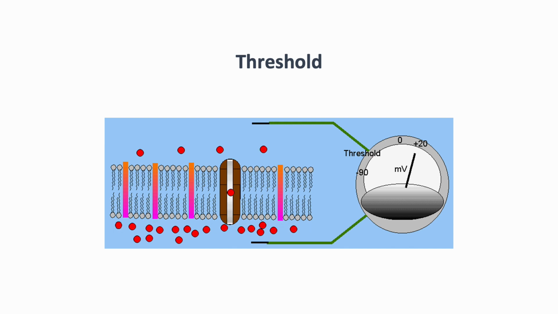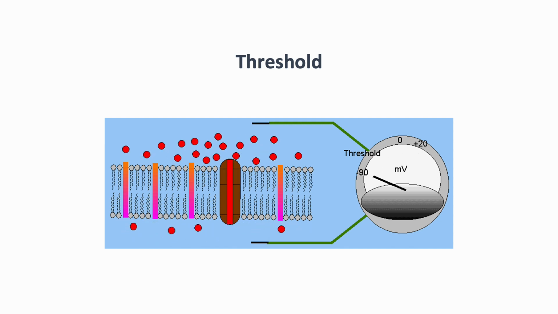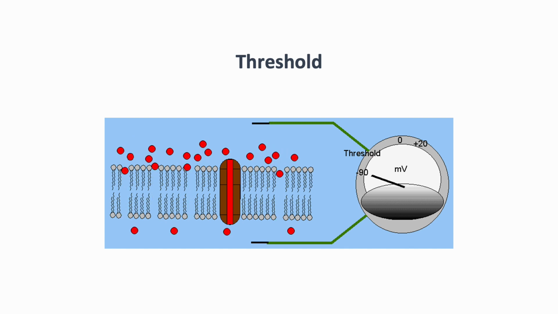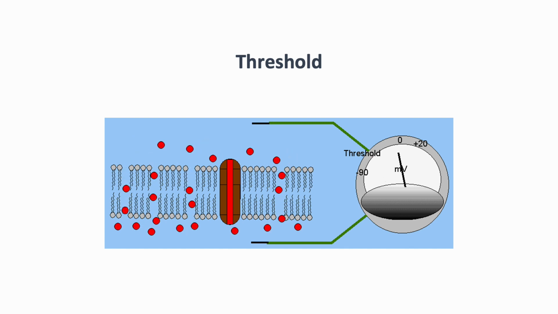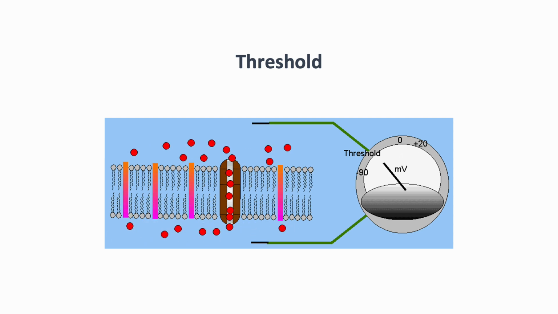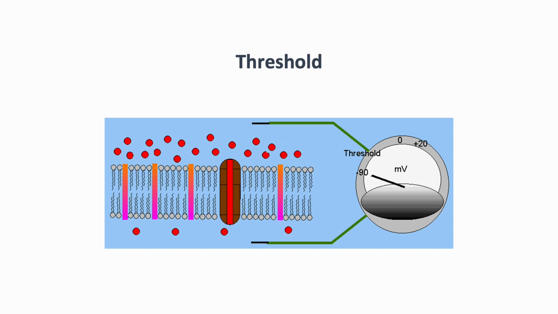If the level of depolarization is not strong enough to reach that threshold, the neuron will not fire an action potential. Instead, the membrane potential will quickly return to its resting state, and the signal is going to end up dissipating. So, why is threshold important? Well, it provides a mechanism for neurons to discriminate between a weak and a strong signal.